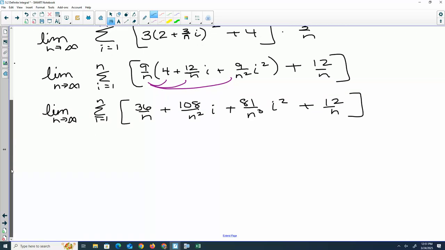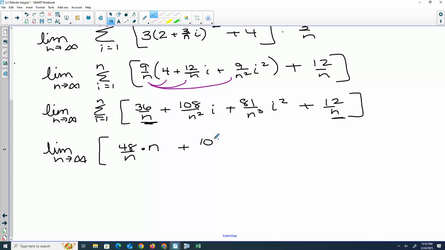Do we combine like terms or do we just split them up here? Either way. If I did combine 36 over n and 12 over n, and when I add that up, so now I'm doing my summation formulas, so the sum went away.